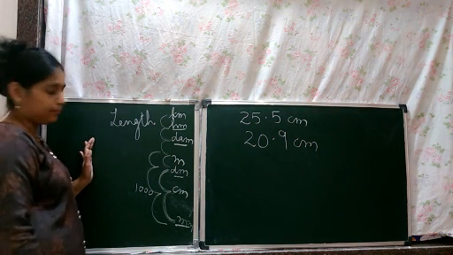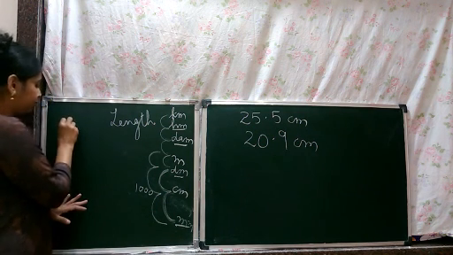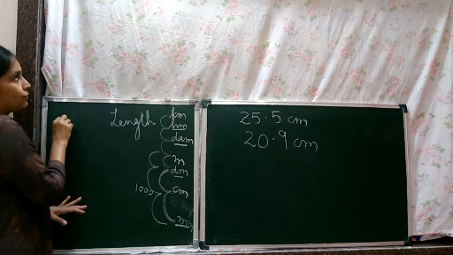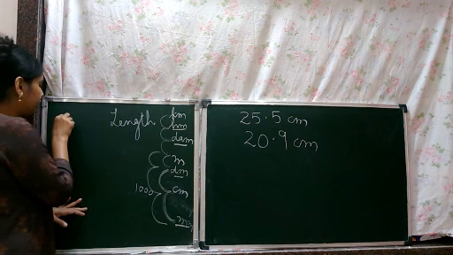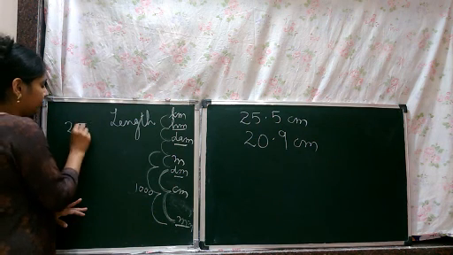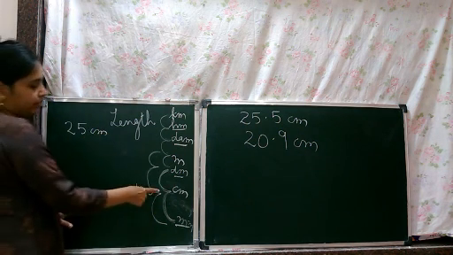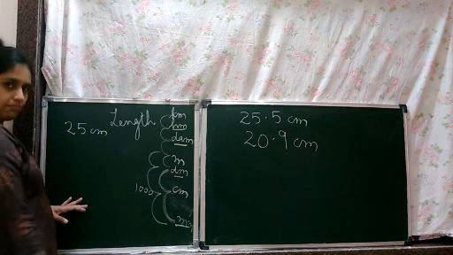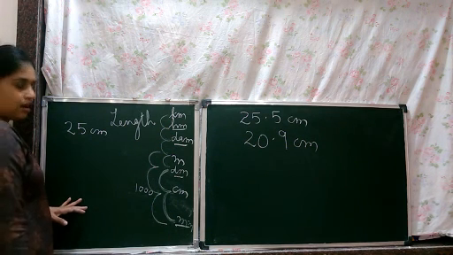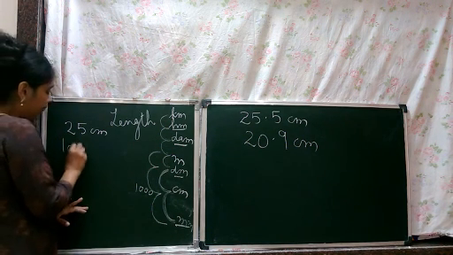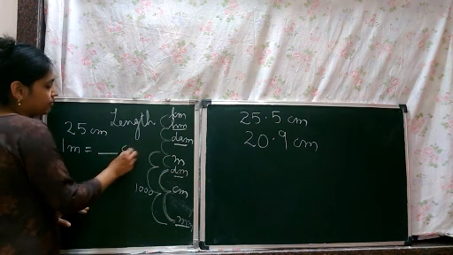So let's take an example of 25 centimeter. 25 centimeter has to be converted into meter. How is that possible? Again, 1 meter is equal to how many centimeters?